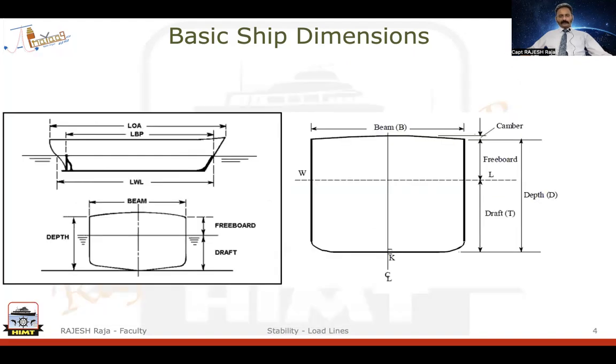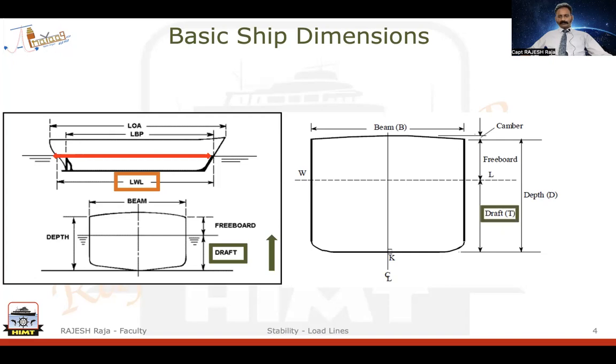A quick view of a few more measurements which will be involved in this particular topic of load lines. I'll rephrase: the load water line, which we just saw as the summer load line, is this line here. Then after that, I will be interested in something called draft. Remember, drafts are always measured from the keel going upwards.